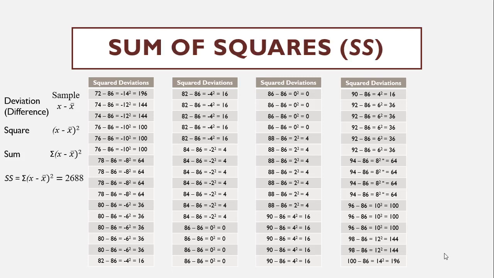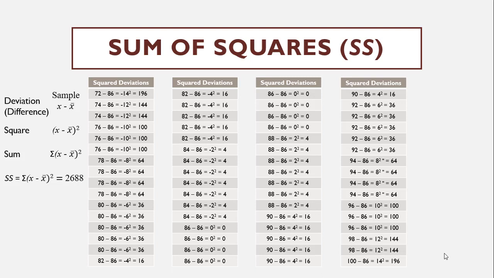We often abbreviate that as sum of squares, or SS, but if you're reading a stats textbook, you may see it written all the way out, sum of square deviations. Those three things all mean the same thing. In this case, when we add together 196 plus 144 plus 144 plus 100, and do that for all of our square deviations, we find that the sum of squares is equal to 2,688.